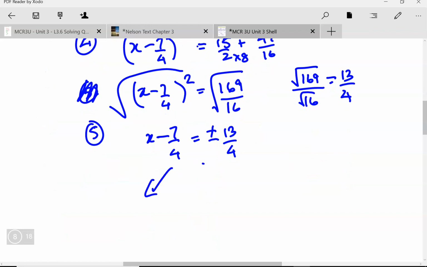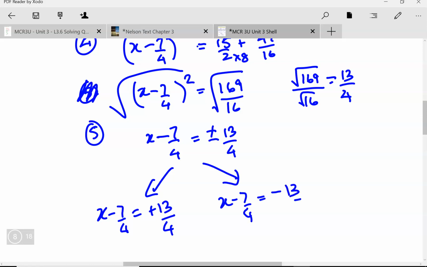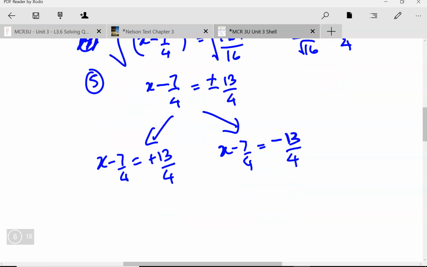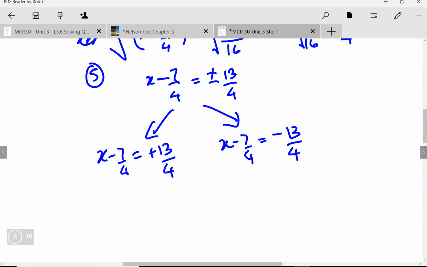And now I can split this into 2: x minus 7 over 4 equals plus 13 over 4, and x minus 7 over 4 equals minus 13 over 4. And now I just bring the 7 over 4 to this side. So realistically, x equals 13 over 4 plus 7 over 4, which is 20 over 4, which is 5.